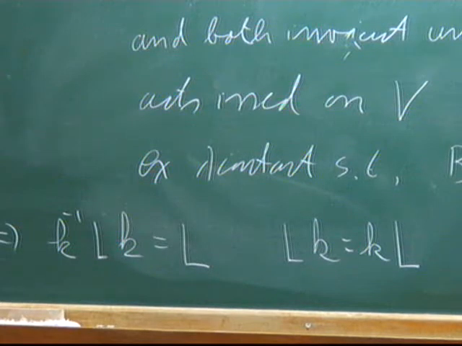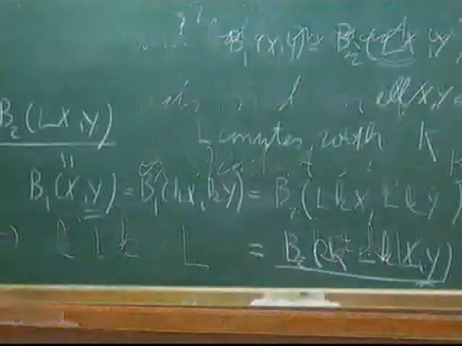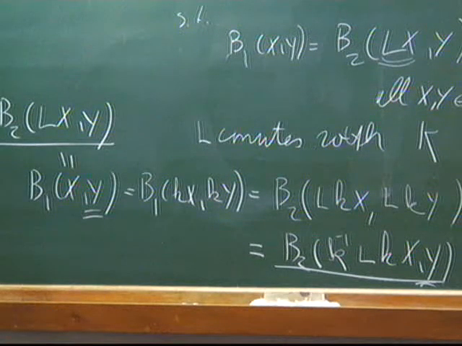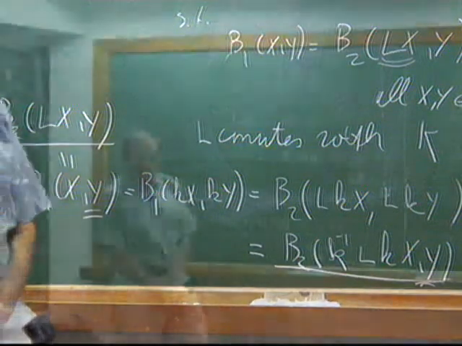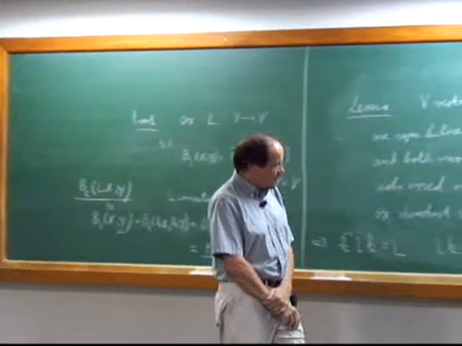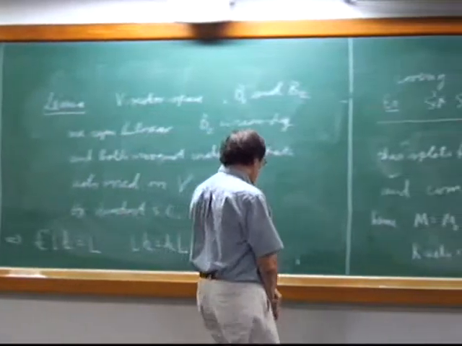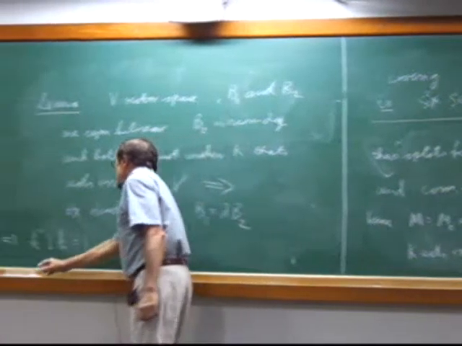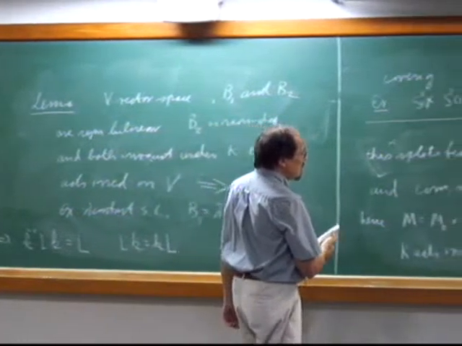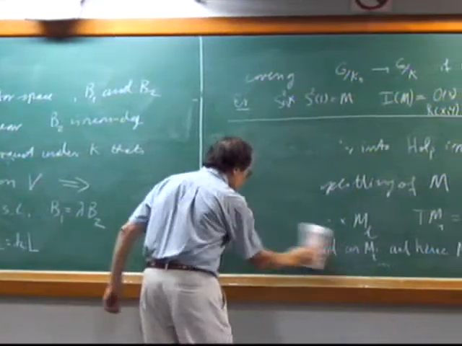K is a representation on the vector space V. K commutes with L. I think I also need that L is symmetric. I want to claim that I need one more property, that L is a symmetric endomorphism. Although I think in this generality it might not be true.